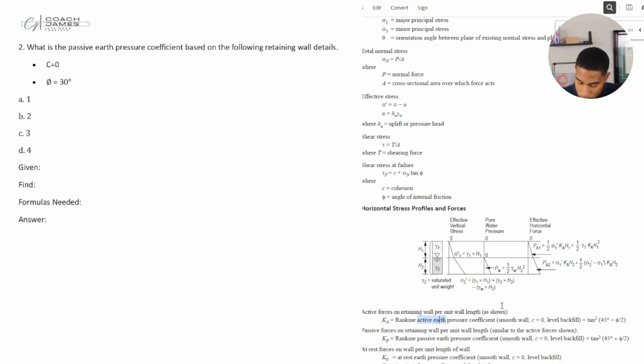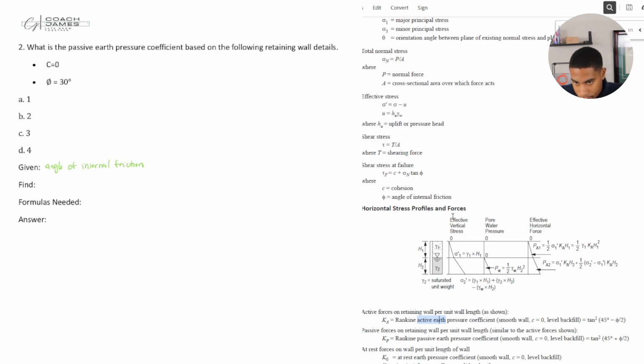Okay, so the given information is that they give us phi, which, since we're already in the geotech engineering section, we know is going to be the angle of internal friction.